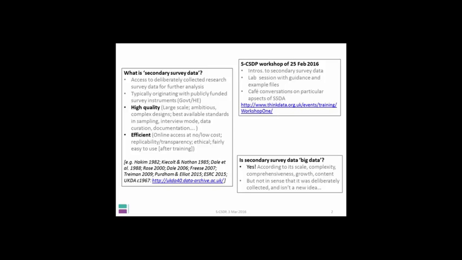Certainly secondary survey data has many of the characteristics of big data. Certainly the scale of records, complexity, comprehensiveness of information across a range of different aspects of lives, and also the growth in the scale and content of secondary survey data over relatively recent time periods.